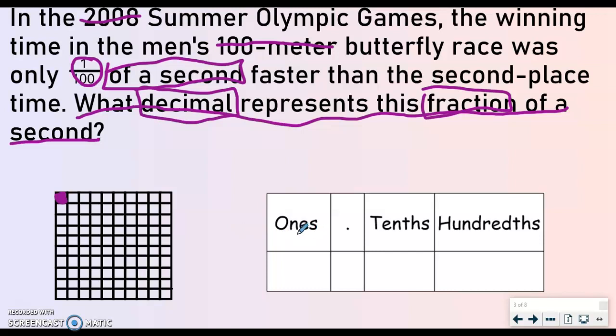In the form of a decimal, again, I have no whole numbers, so that's 0 ones. Bring down my decimal. And if you remember from yesterday, tenths were like the entire column. If I had the entire column shaded in, that would be a tenth, which I definitely don't have. So that would be a 0. And then hundredths, 1, just that tiny little 1.